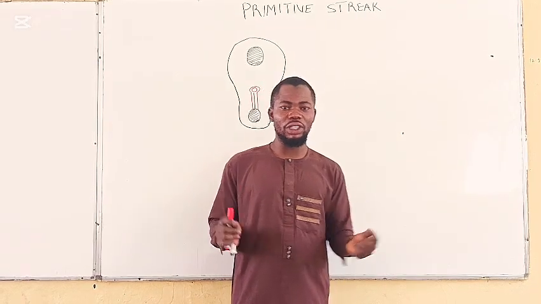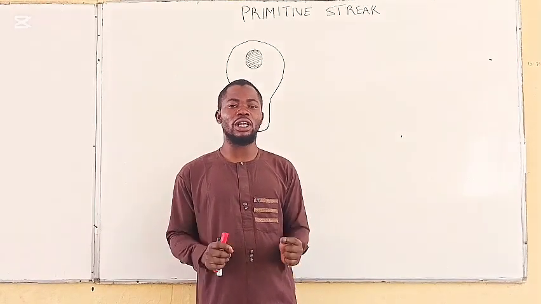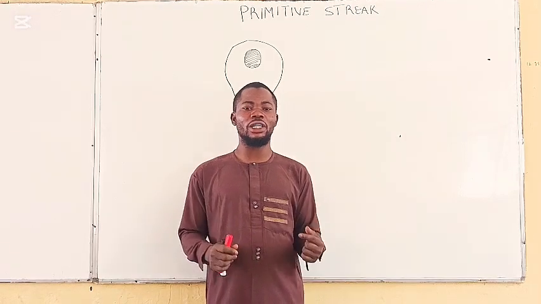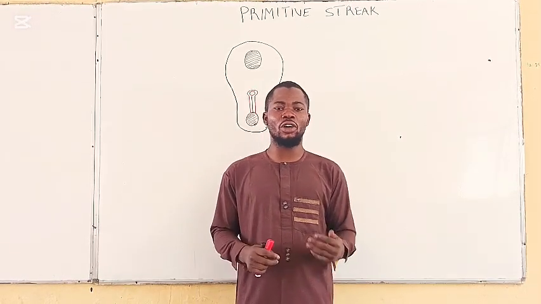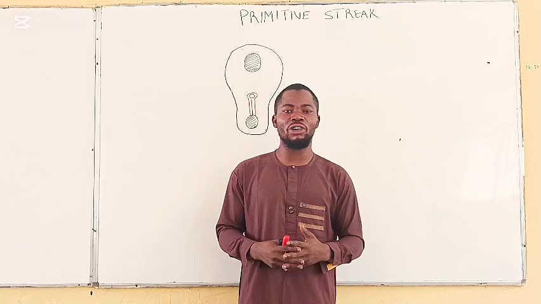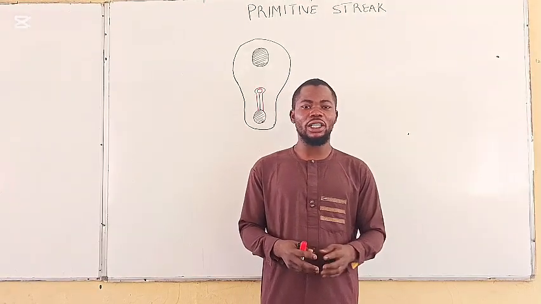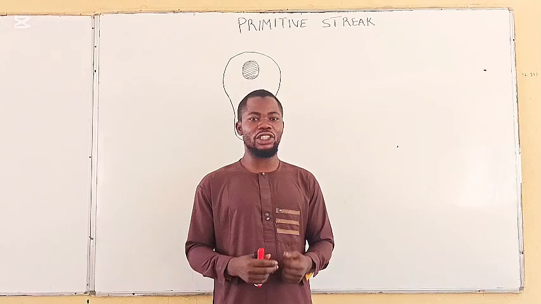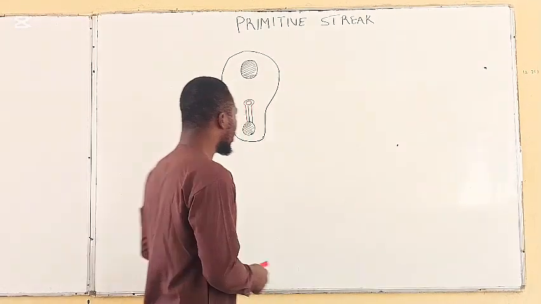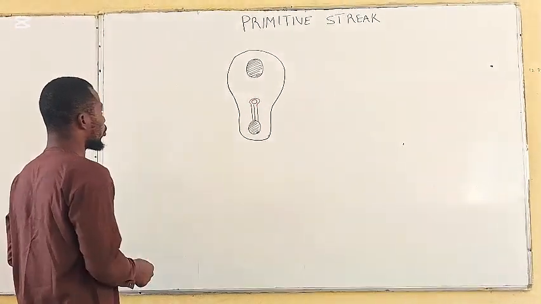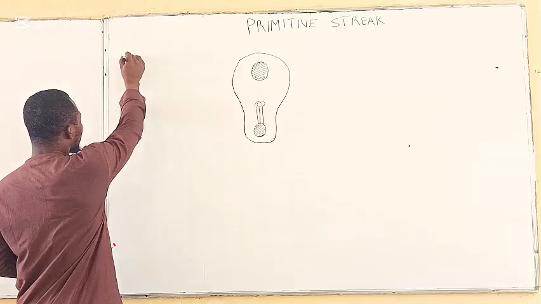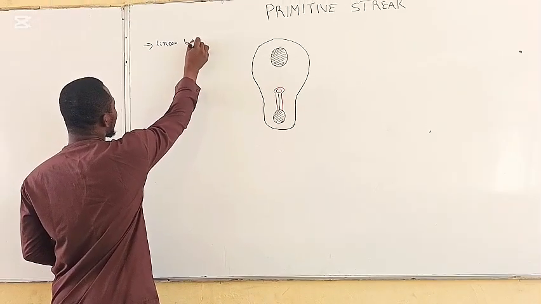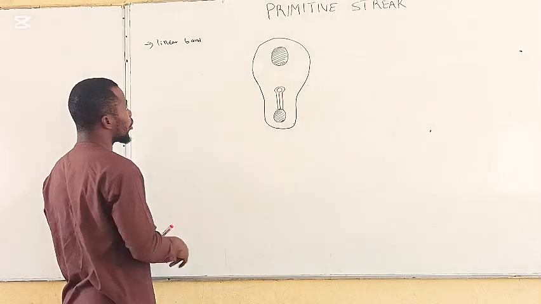Now, what is the primitive streak? The primitive streak is a linear thickening band of cells that is located on the caudal end of the dorsal aspect of the embryonic disc, and it appears on day 15 after fertilization. So the key things we need to take note of is that, first, it is linear, a linear or longitudinal band.